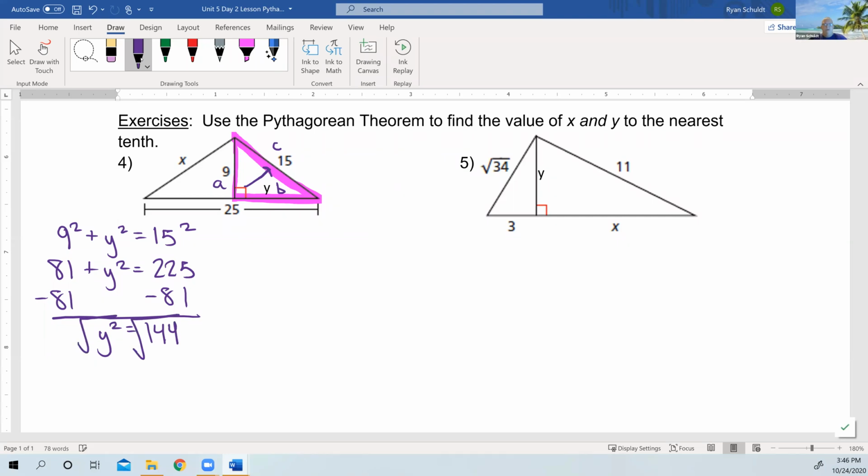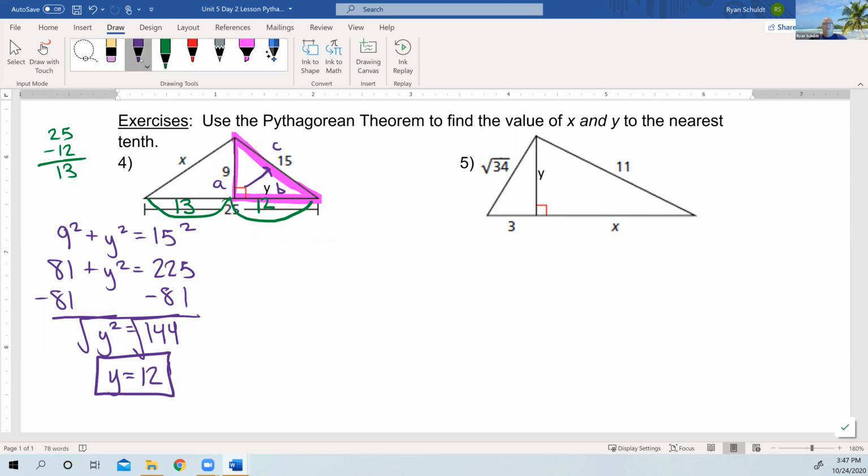Take the square root, and we get y equals 12. That's the first part of our answer. Now, if y is 12 right here, how do I get this part? 25 minus 12 gives you 13. So this part is 13.